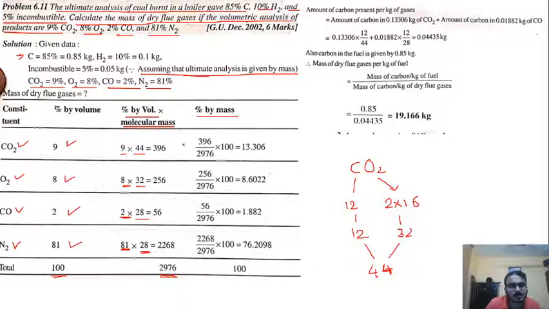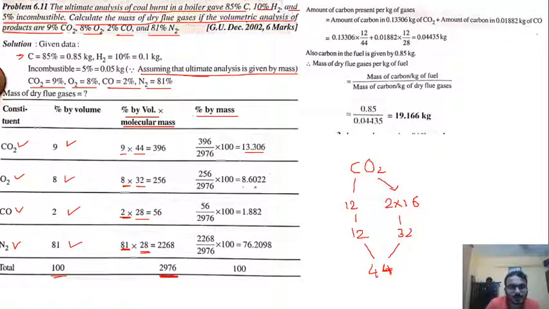Now what we require is percentage by mass. This is the total mass of all constituents together, and here is the mass of each constituent. For CO2 the mass is 396 divided by 2976, so by mass we get 13.3 percent.